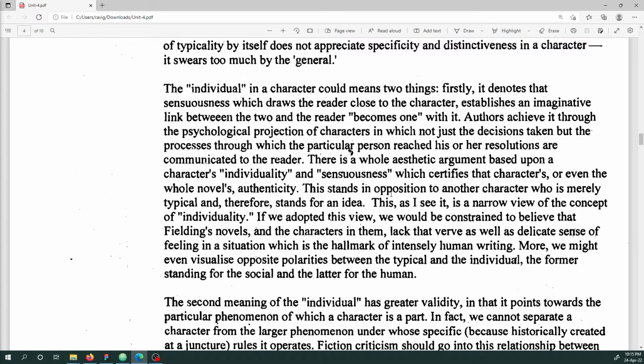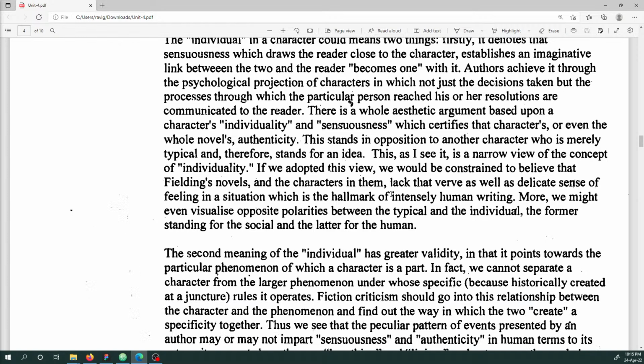If we adopted this view, we would be constrained to believe that the feelings novels and the characters in them lack the verve as well as the delicate sense of feeling in a situation which is the hallmark of intensely human writing. More, we might even visualize opposite polarities between the typical and the individual, the former standing for the social and the latter for the human.